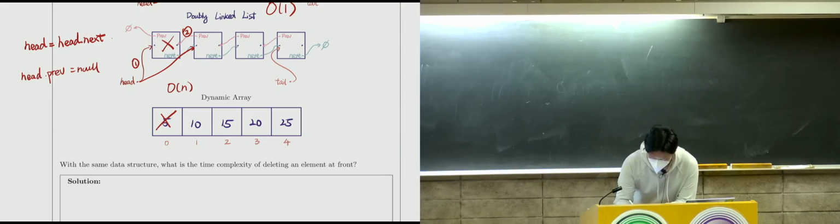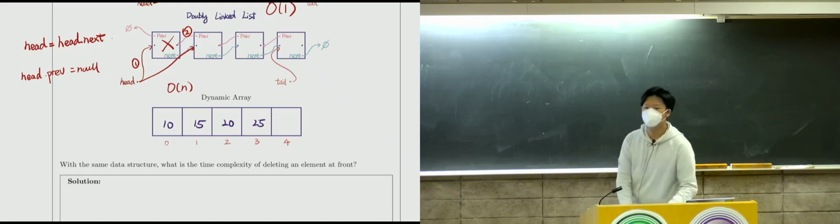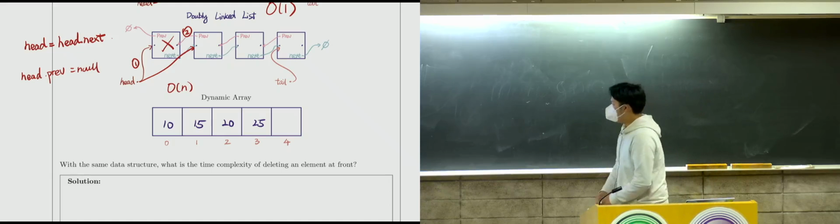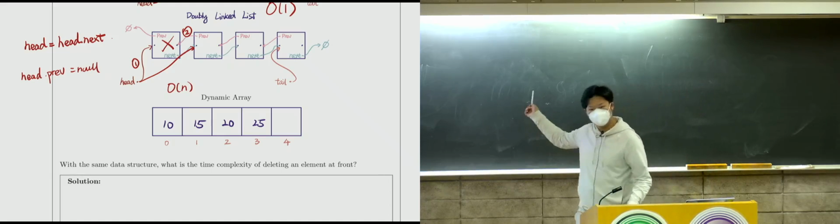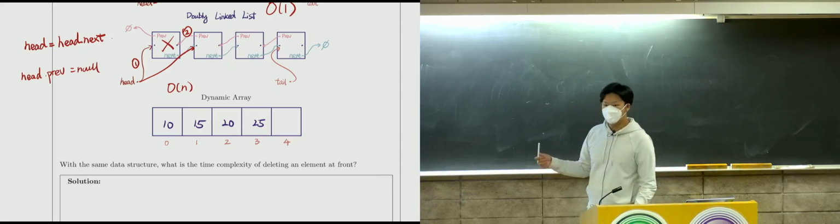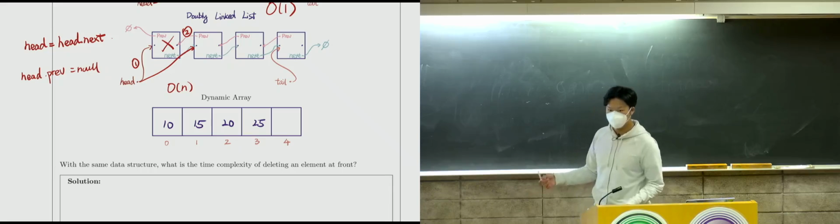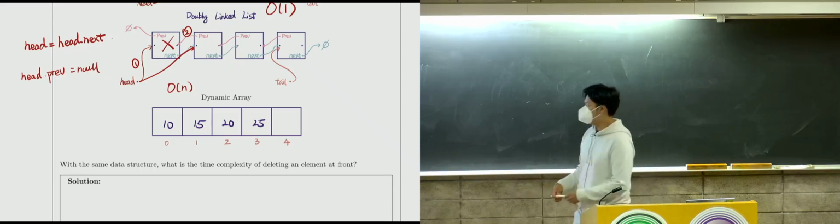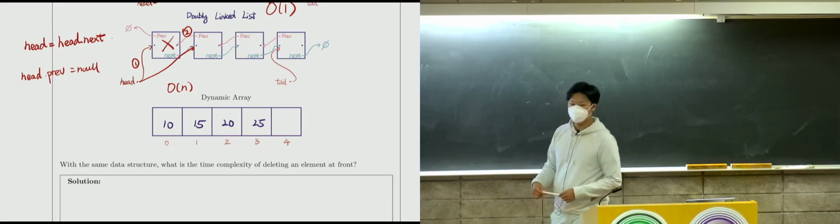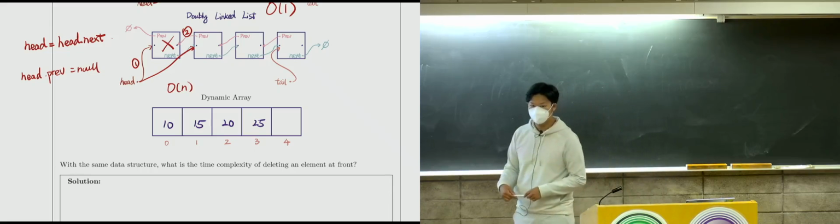So you first remove this index, and second, take everything from here and move it to here. As you can see, I just select everything and move it to the left. But in a programming language, in Java or Python or any language, it cannot do that. So essentially, you're shifting every single element using a for loop.